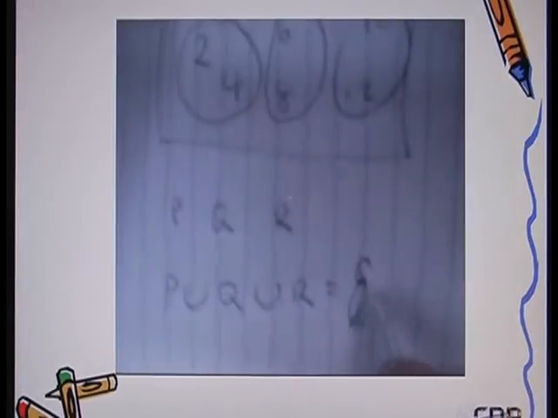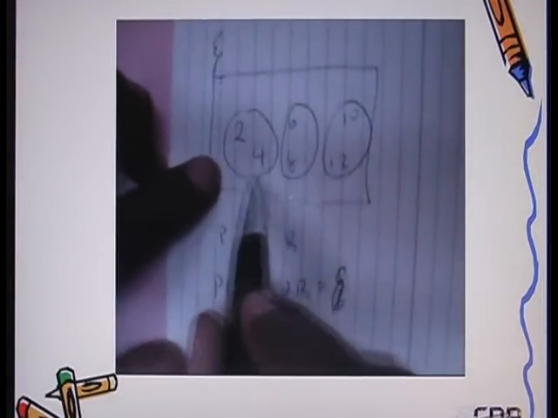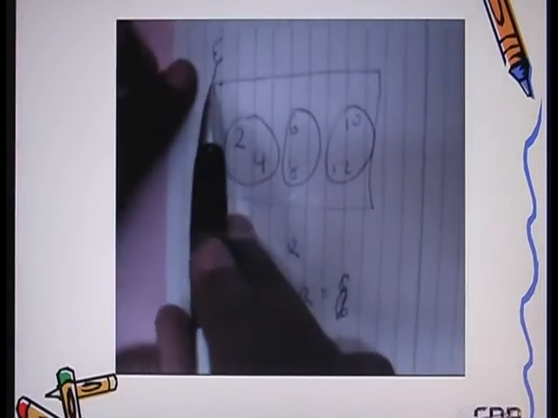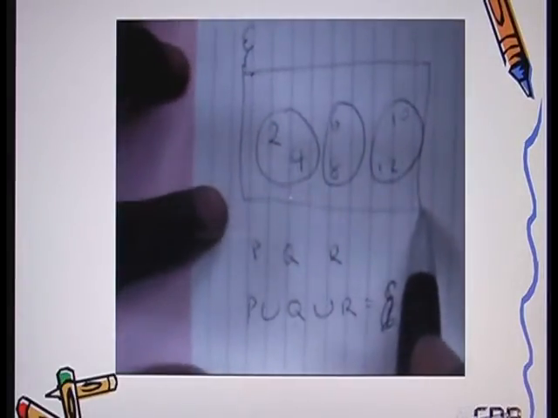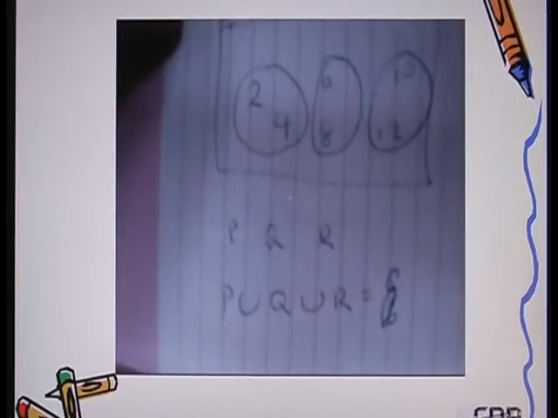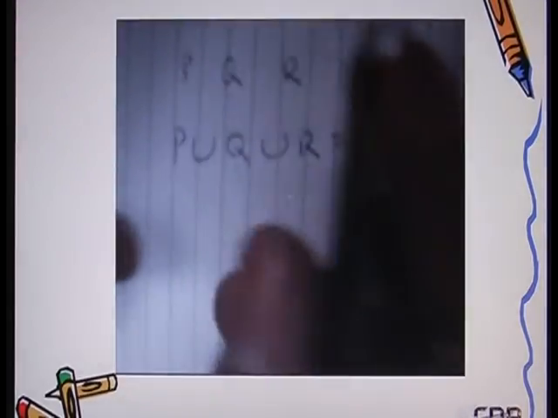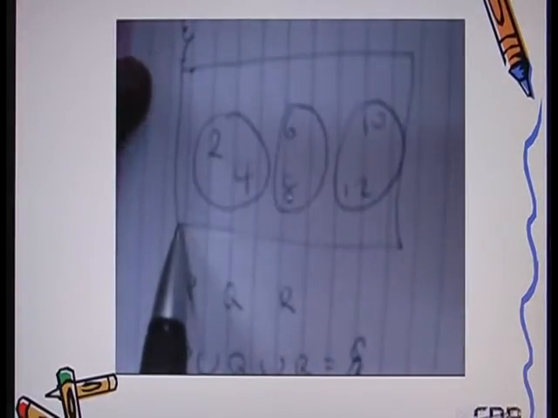So when we put everything together here, it will give us the universal set. Is that clear to you? Okay, good. Now, notice what we are doing: using the information given to us and breaking it down by drawing pictures of what we are reading.